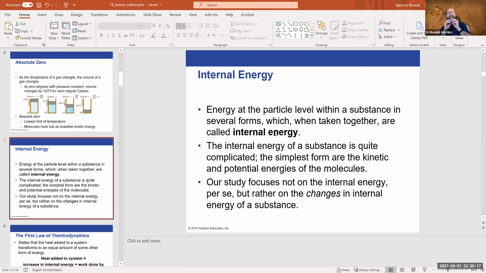If it's more dense, like in the case of liquids and solids, then I have to take into account the interaction between individual molecules. Then they have potential energy. So that is really how you treat this problem. That is the internal energy of everything. So if I take one molecule and next to it another molecule and sum up all of this, that is the internal energy of my system added together.